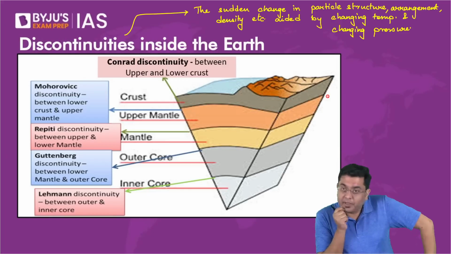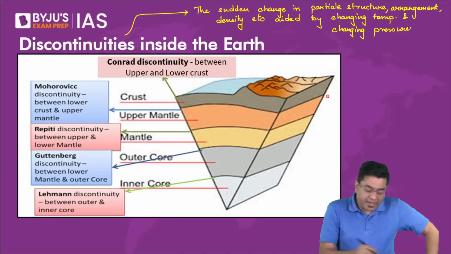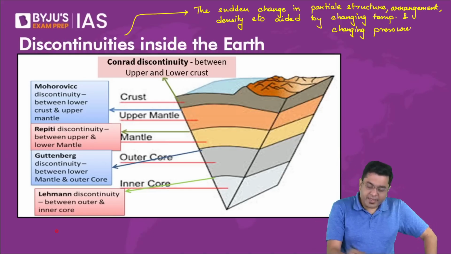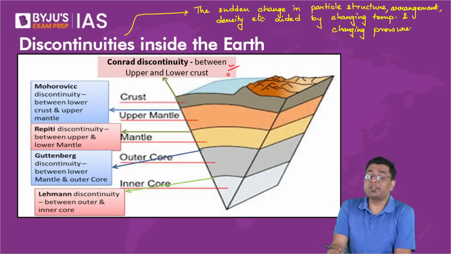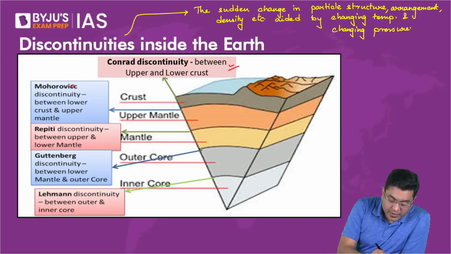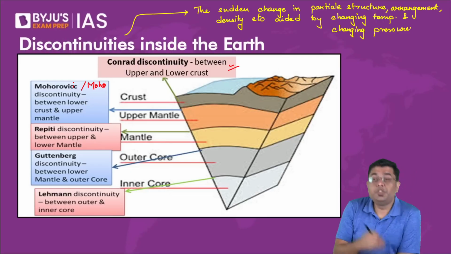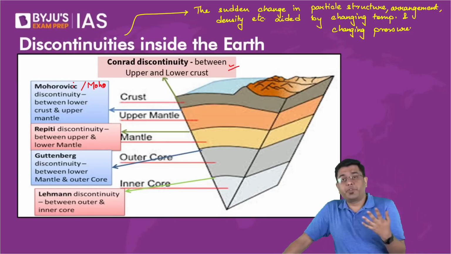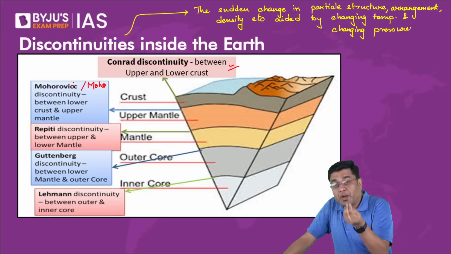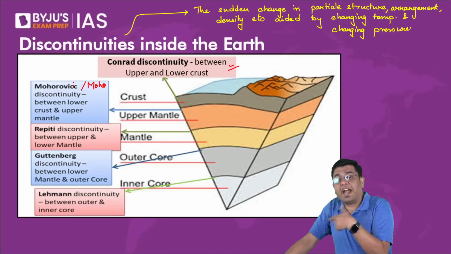So you have the Conrad discontinuity separating the upper and the lower crust. Then the Mohorovičić discontinuity, or simply referred to as the Moho. In geographical terminology, you will come across that this earthquake struck 50 kilometers underneath the Moho, or with a focus at Moho.